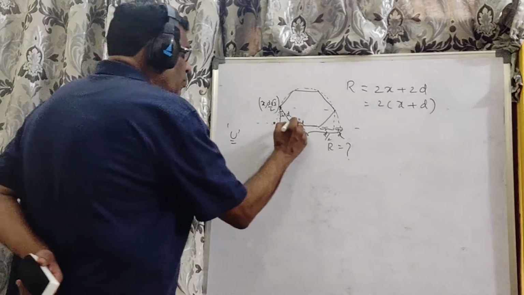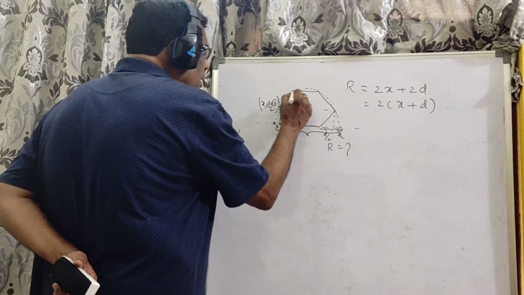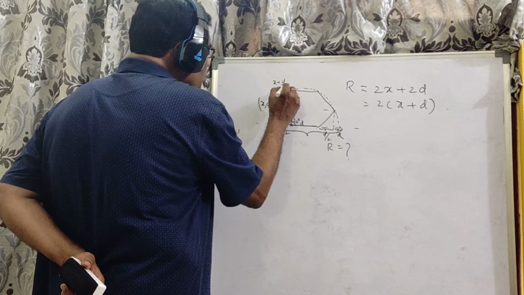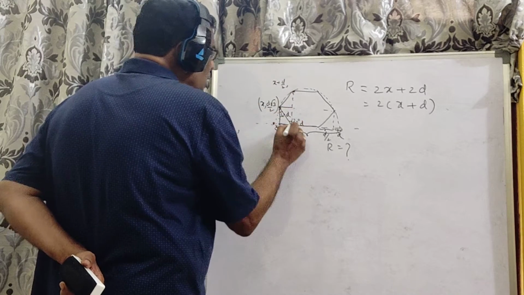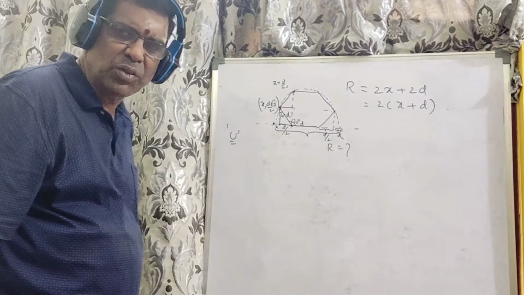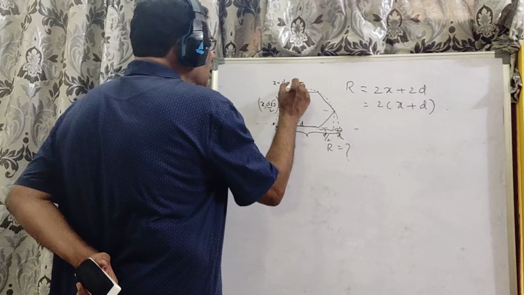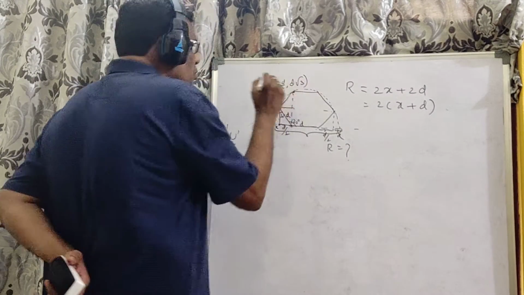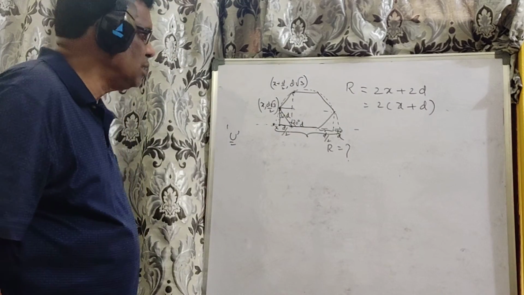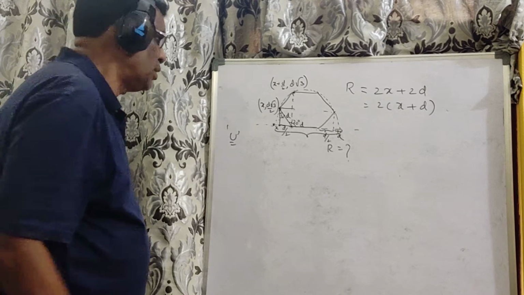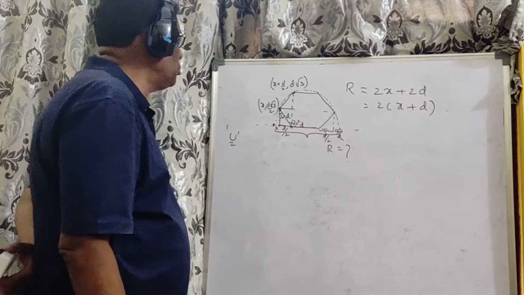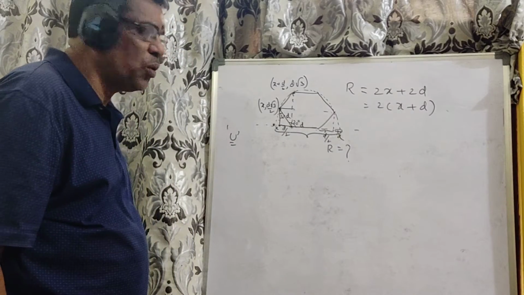And if I come to this coordinate, x plus D by 2, and this is D root 3 by 2, another D root 3 by 2 by analogy, so that becomes D root 3. So x plus D by 2 and D root 3. Now you got two equations, two coordinates.